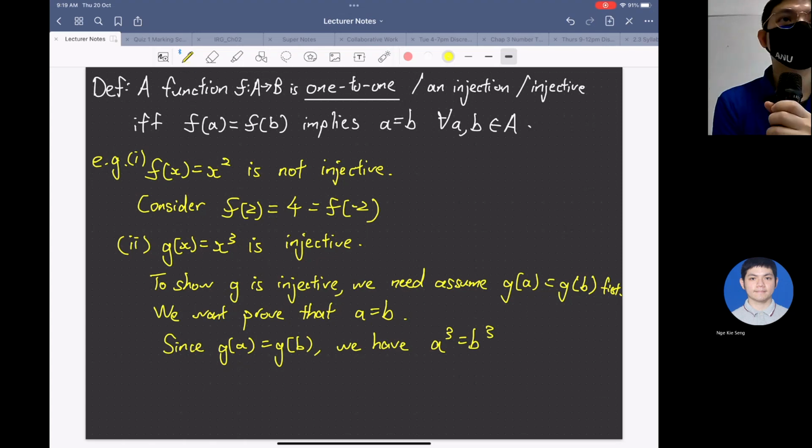Any ideas? So if the cubes of two numbers are equal, what are the roots of the numbers?